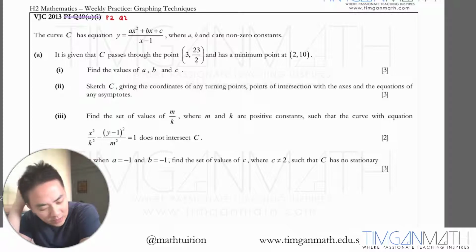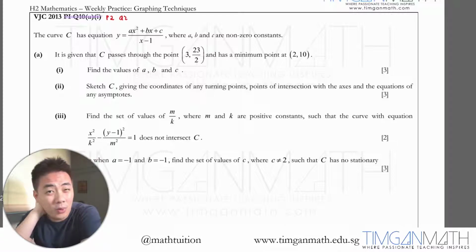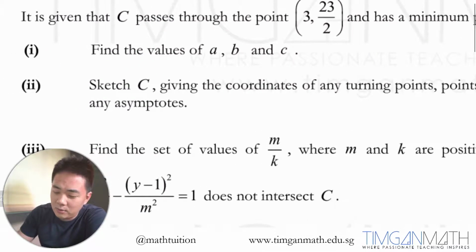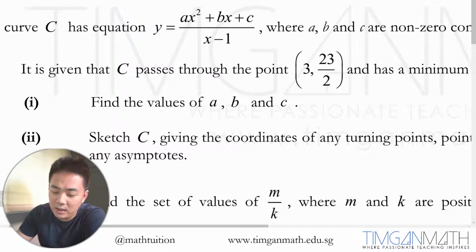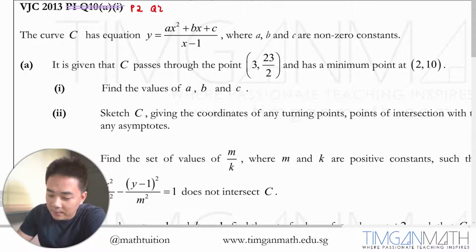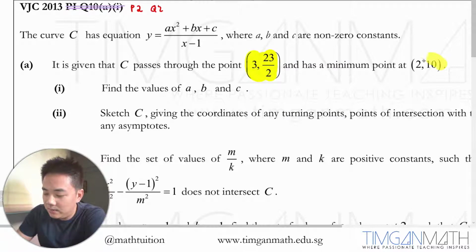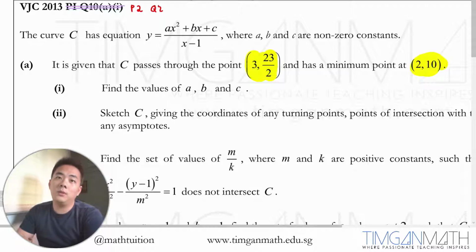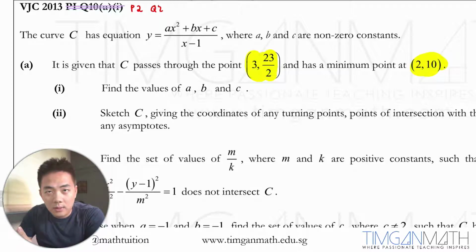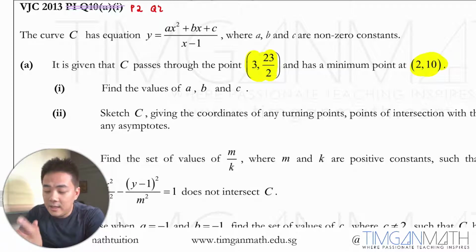I think part A, part 1 should be quite straightforward because you're asked to find A, B, C. A, B, C in this case are just the unknowns in the expression here, and you're given that it passes through this point that has a minimum point here. If you have three unknowns and you want to solve it, you need three equations to solve the simultaneous equations.